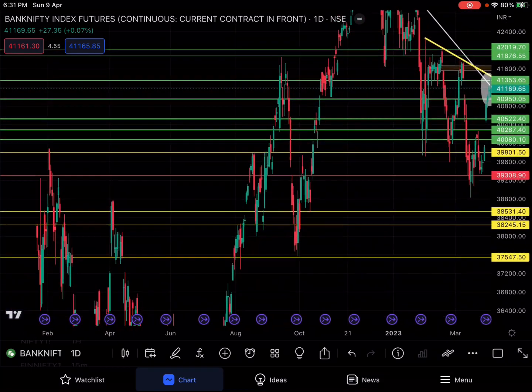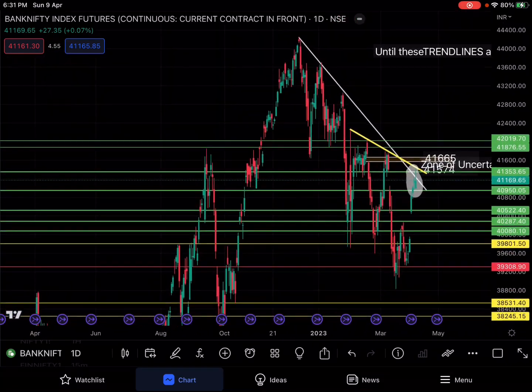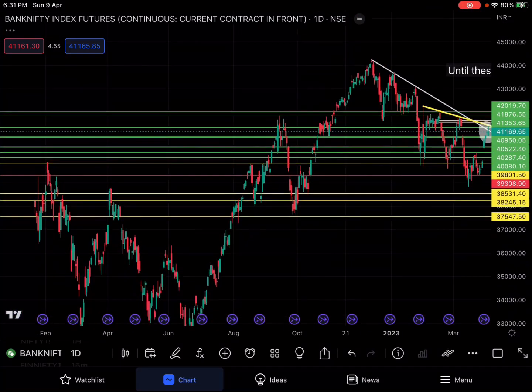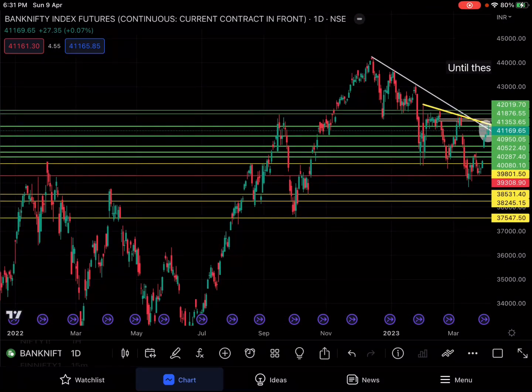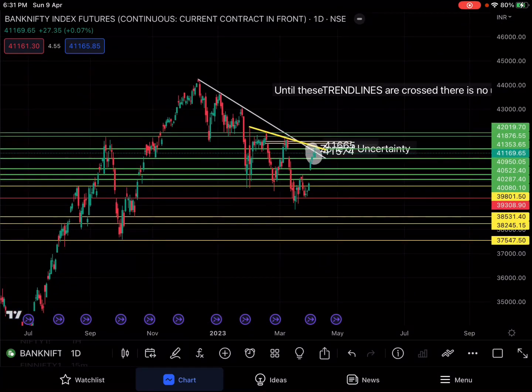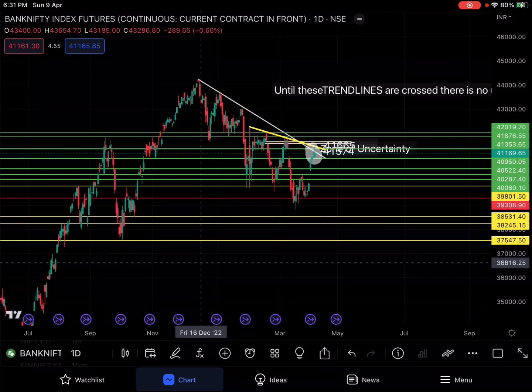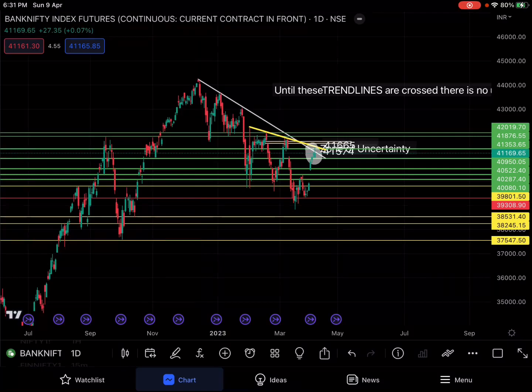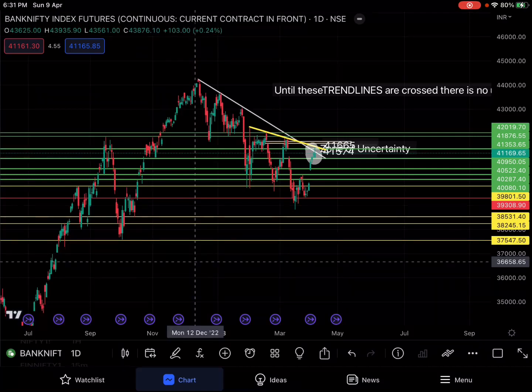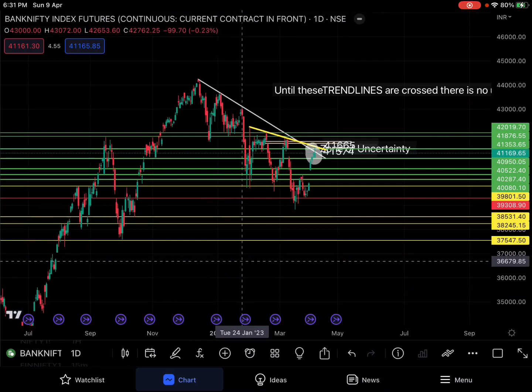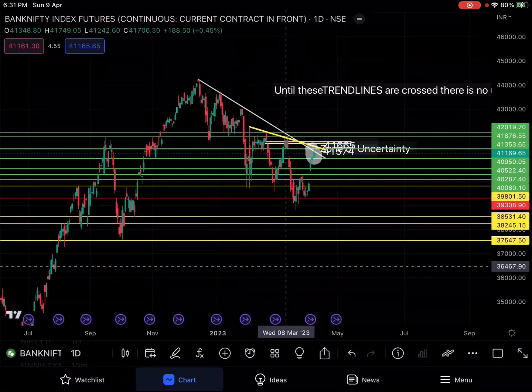Don't worry about these lines. These are all the support and resistance levels that I've been drawing over the number of years. This is a futures continuous chart. Now, I've drawn a trend line from the recent high that the market touched around 14th December 2022, and we have two touch points, and then a third touch point which happened.